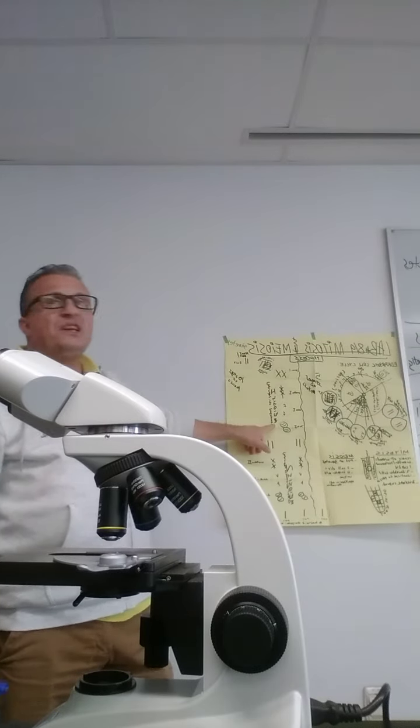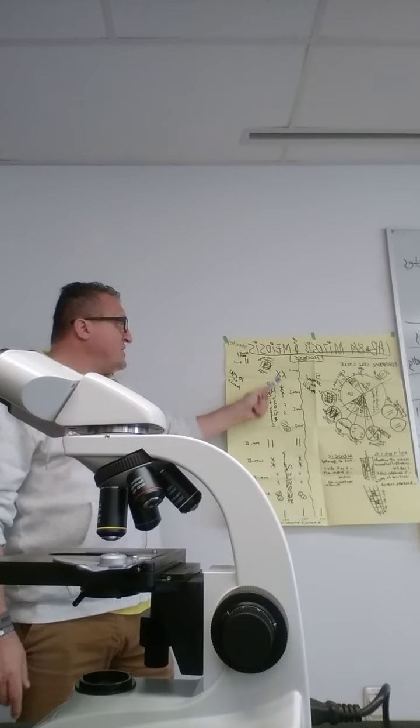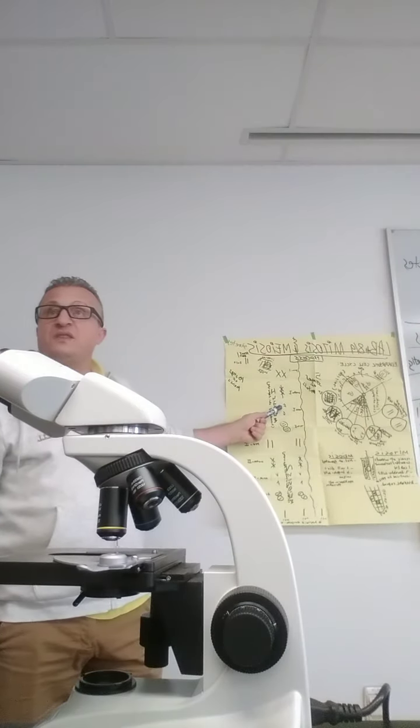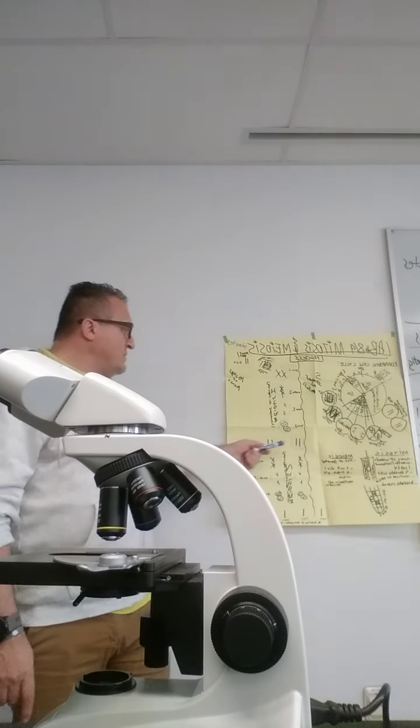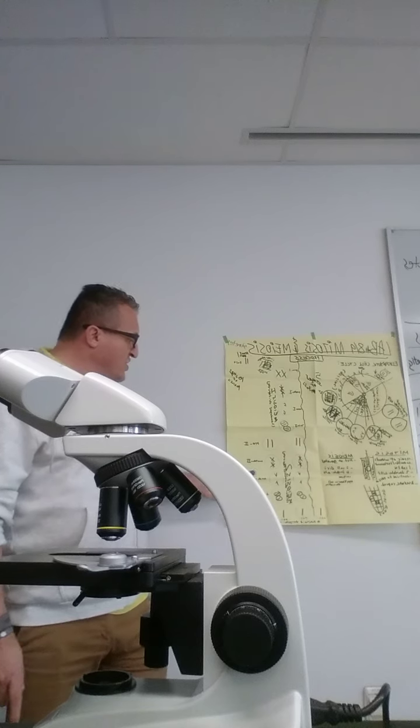Each of these phases looks like what we see in mitosis: interphase, prophase 1, metaphase 1, anaphase 1, telophase 1, and cytokinesis, and then prophase 2, metaphase 2, anaphase 2, telophase 2. Now see what happened.